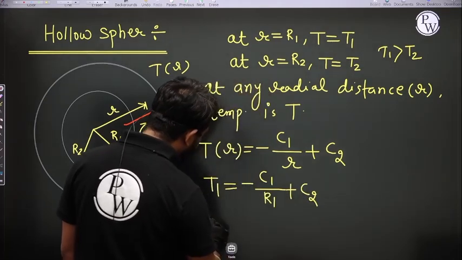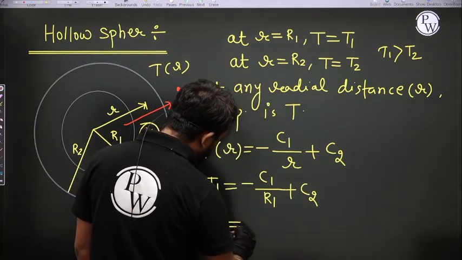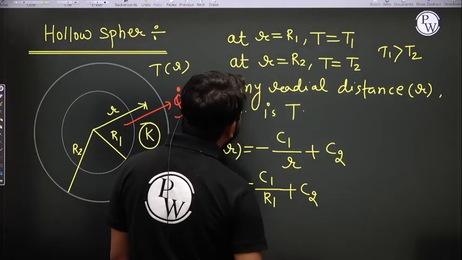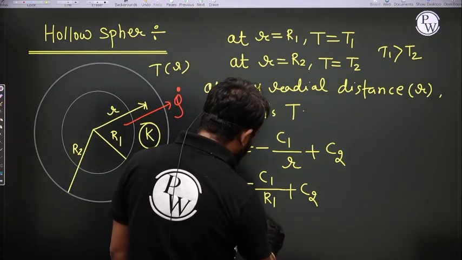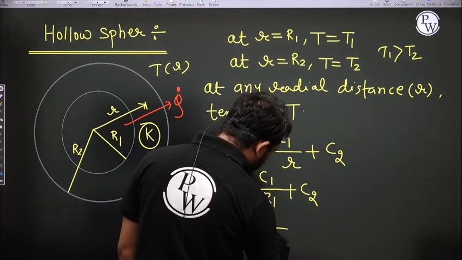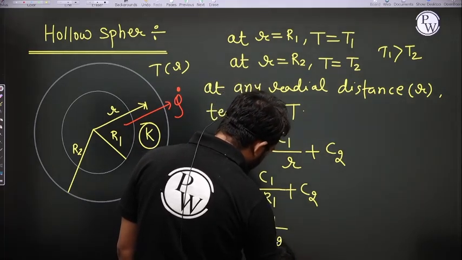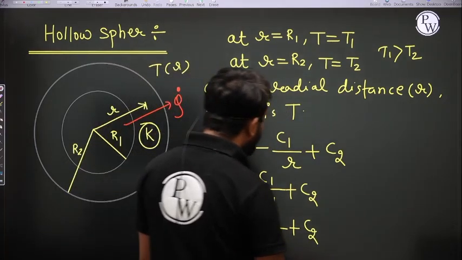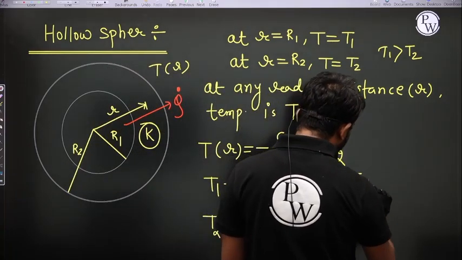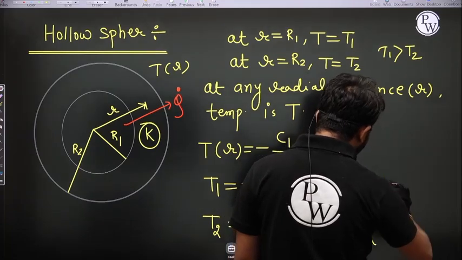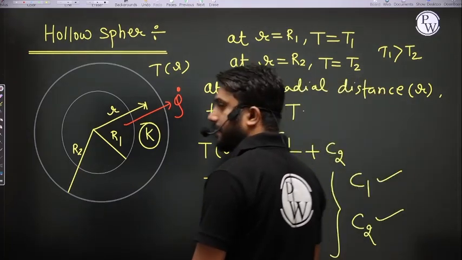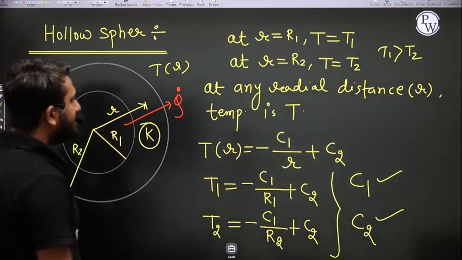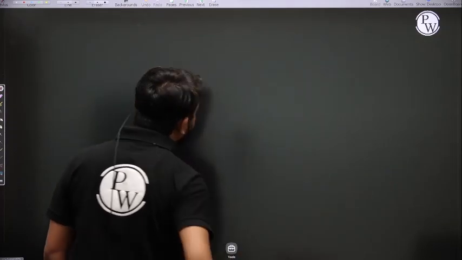The second boundary condition is T2 equals minus C1 by R2 plus C2. Solve these two boundary conditions and find C1 and C2.